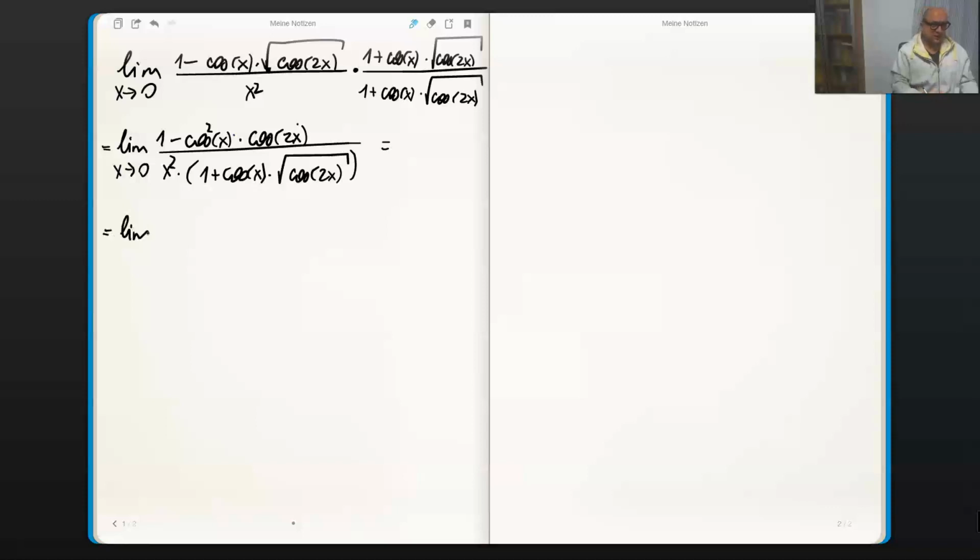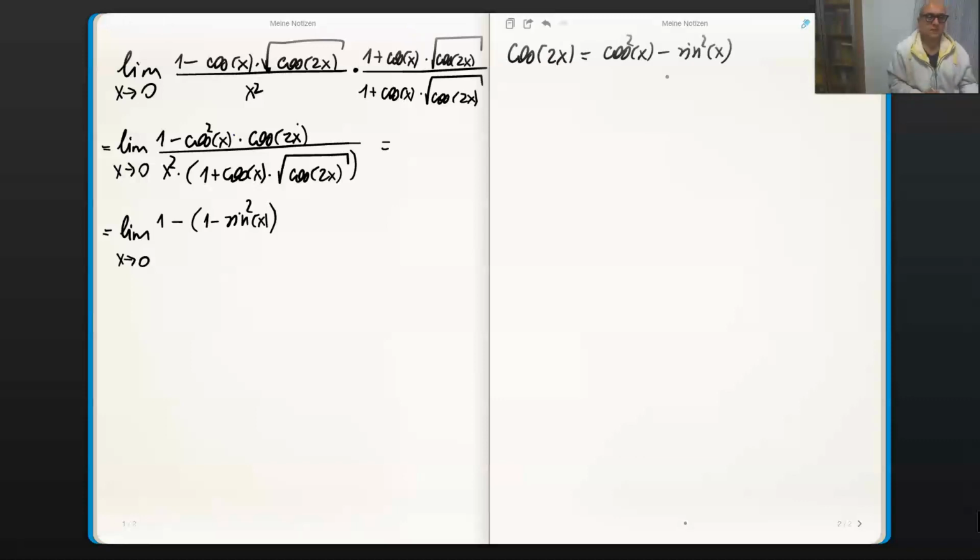We're having here a limit x towards 0. Let's keep 1 the way it is. Cosine squared is actually 1 minus sine squared of x. And I just remind you, the cosine of 2x is basically cosine squared of x minus sine squared of x, as we've seen in the previous videos.